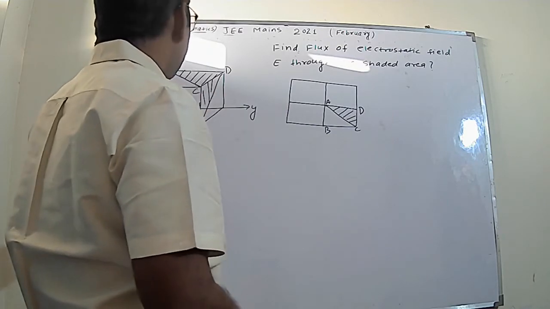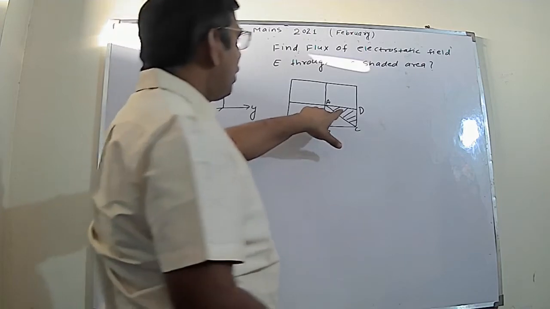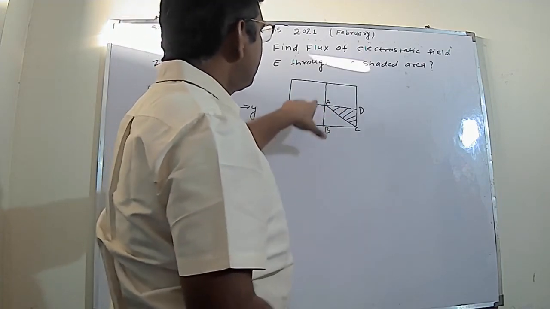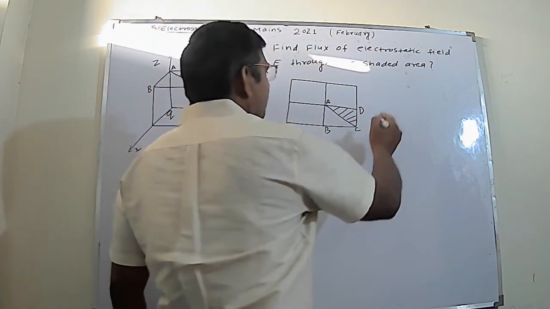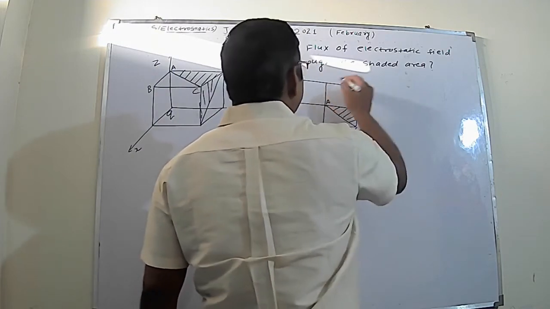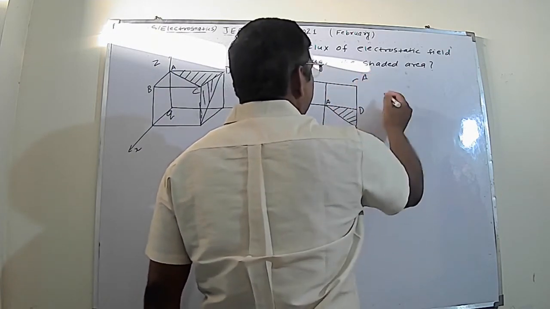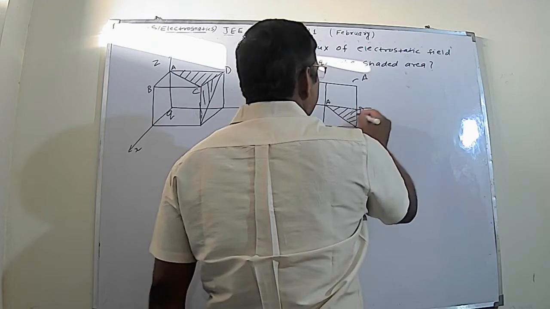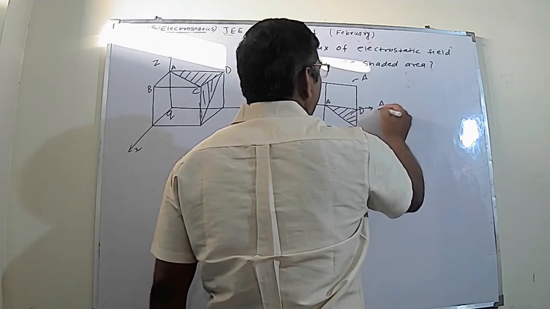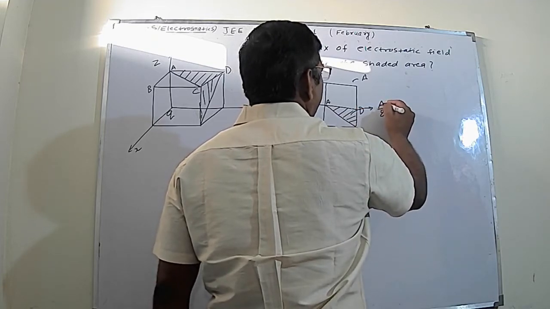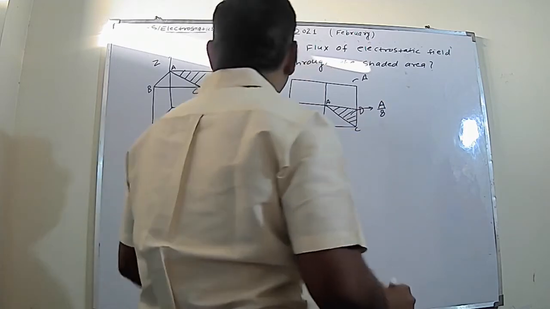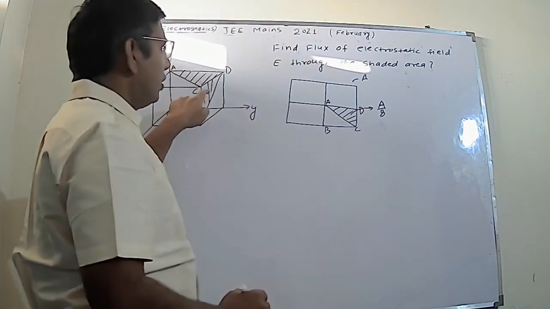Total 6 faces are there. And what is the part of this one? Of this face, this is just 1/8 part, right? So if this area is A, then this area will be A by 8, right? And similarly for this one also.